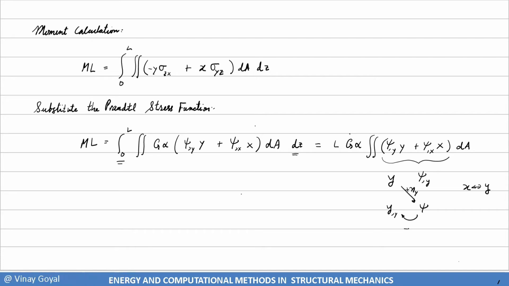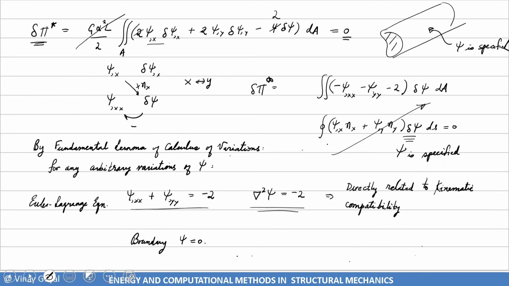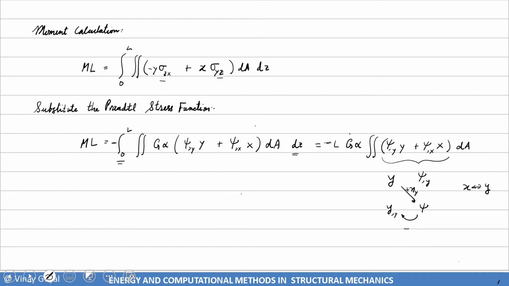And I probably, yes, I made a mistake. So here, this is the minus, when you substitute these terms here. And this is minus, sorry. This is minus here. So therefore, the moment ML equals minus L G alpha double integral, and this is equal to 1.